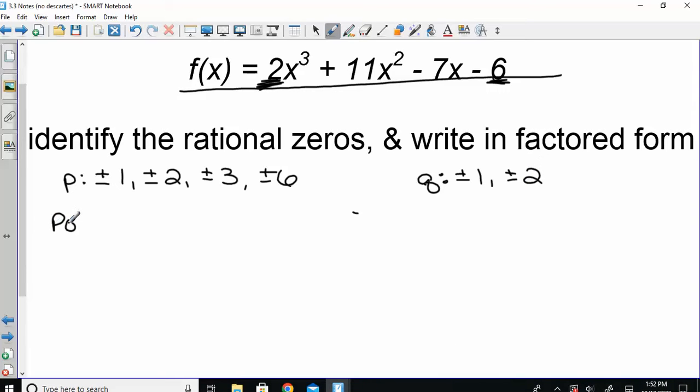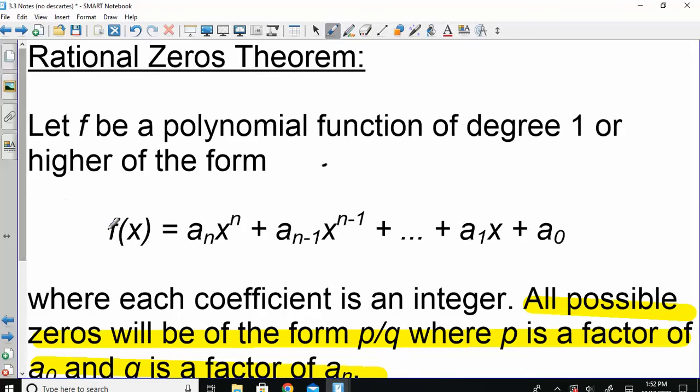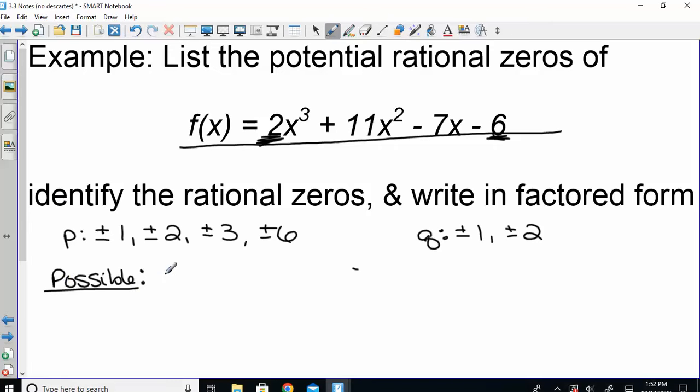All right, then we're going to take that and make our list of possible zeros. So we said everything that could work is of the form P divided by Q. So we are going to divide each of these things, P over Q, so 1 over 1. And again, we can have every positive and negative combination, so everything gets a plus or minus. 1 over 2.